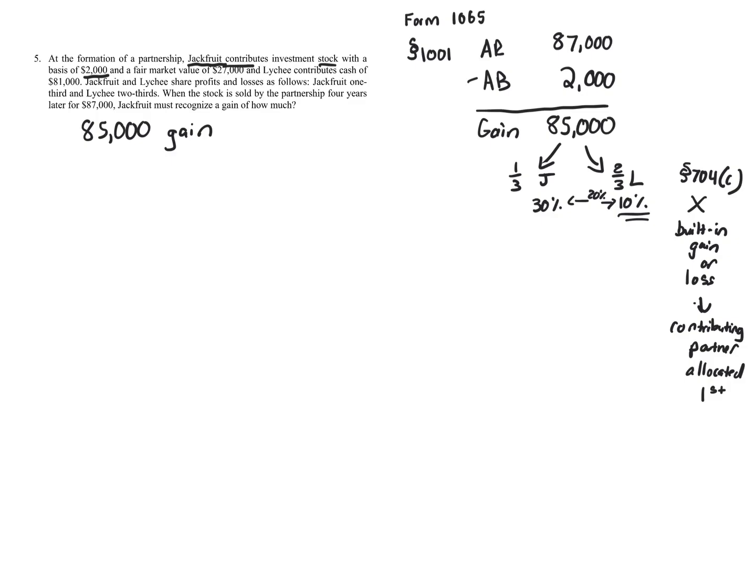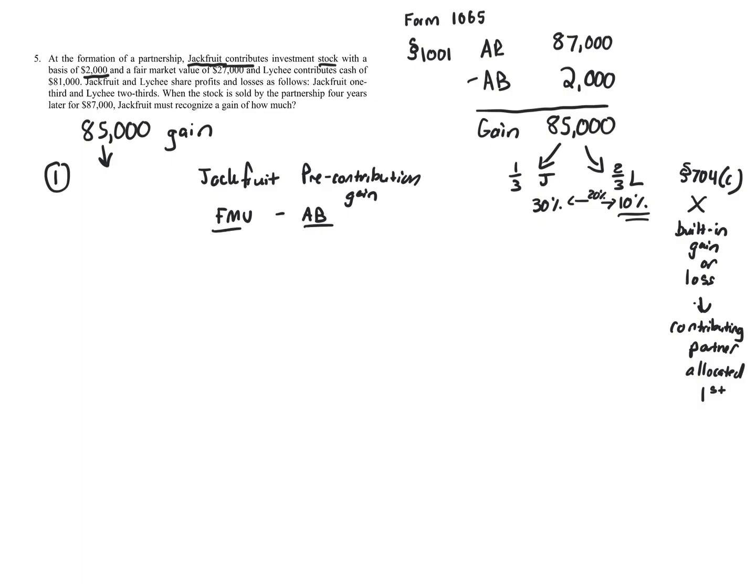In determining how that's broken out on the K-1s of Jackfruit and Lychee, we apply 2 steps. Step 1, we allocate to Jackfruit any pre-contribution gain. We determine that by taking the fair market value minus the adjusted basis at contribution.